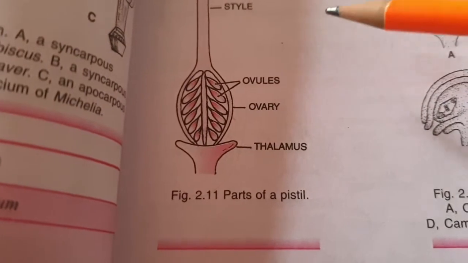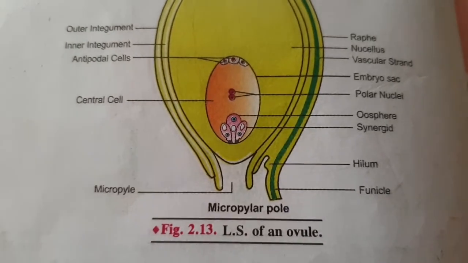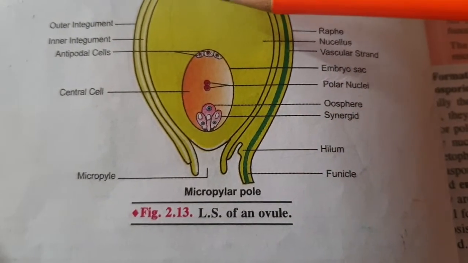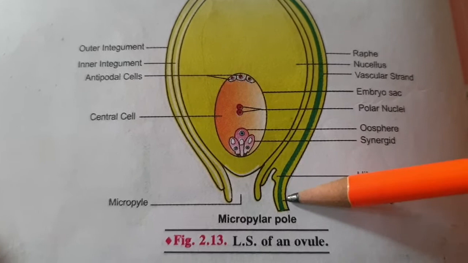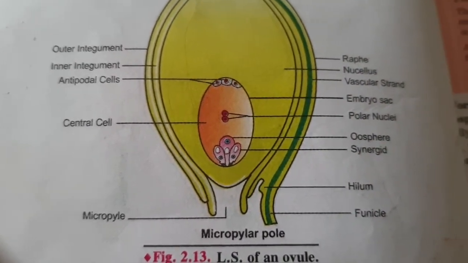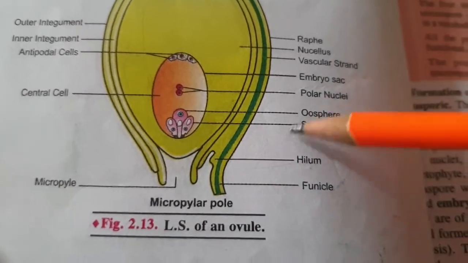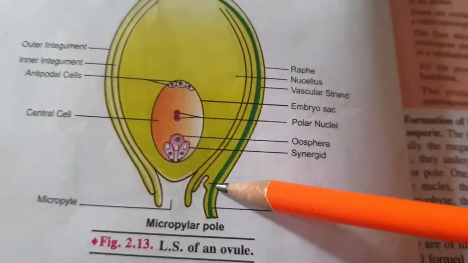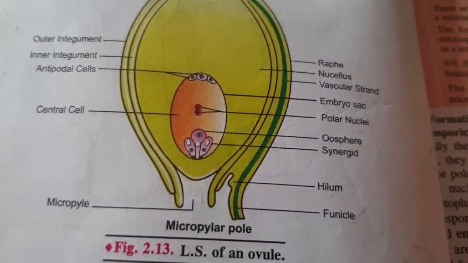Now the stalk of the ovule, the portion to which the main body is attached, is called the funicle. And this funicle is attached to the main body of the ovule at a particular point, which is called the hilum.